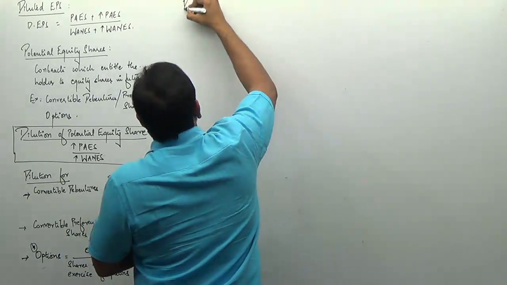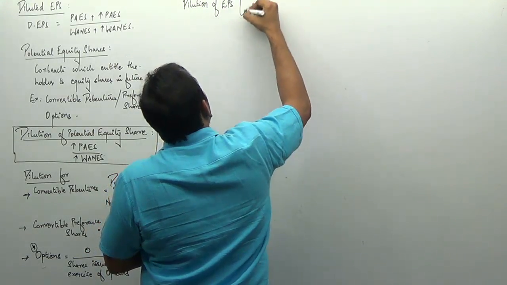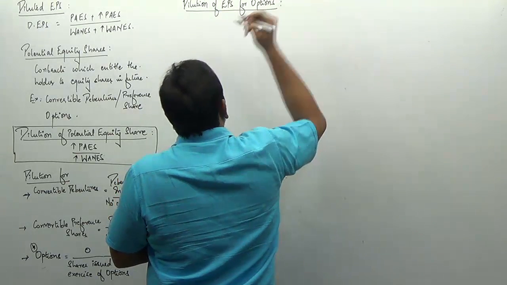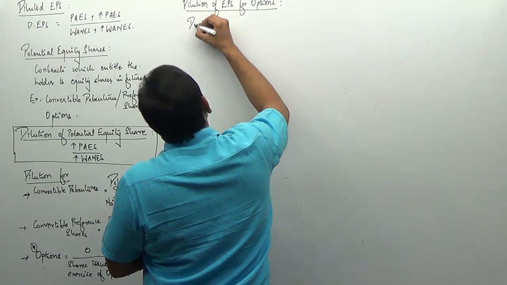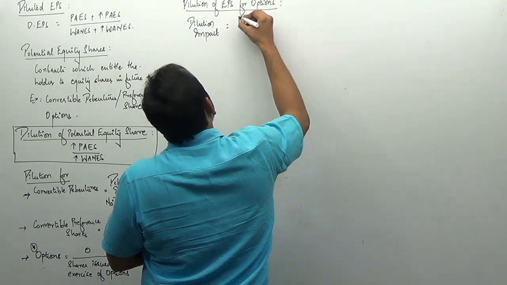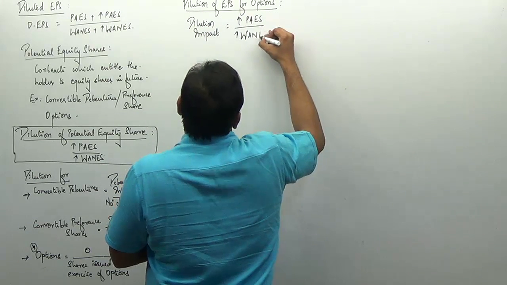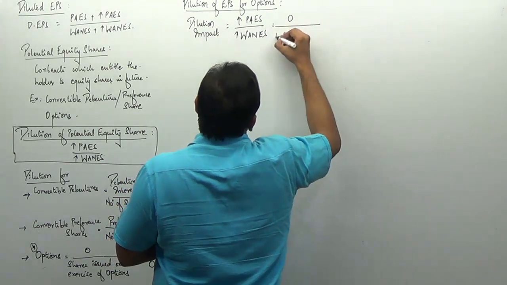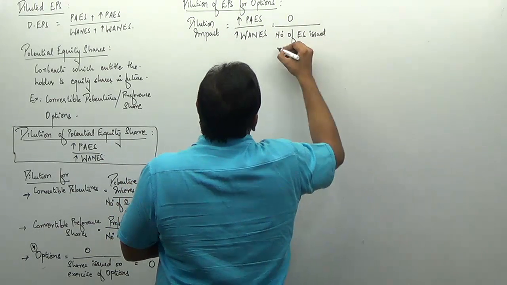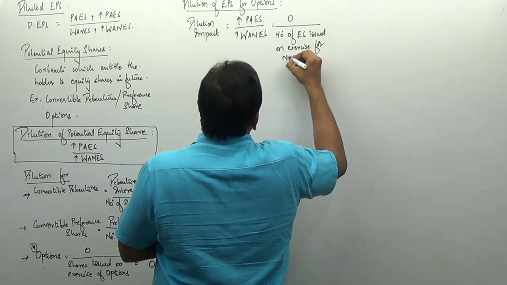Whenever you're talking about dilution of EPS for options, we say that the dilution impact, that is increase in PAES by increase in WAES, should only be given as 0 divided by number of equity shares issued on exercise for nil consideration.